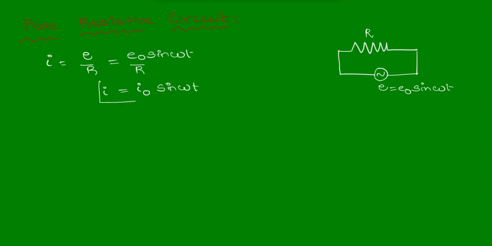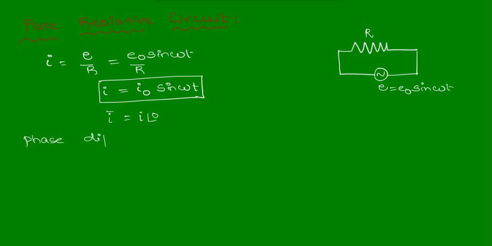This is the current through the resistor at any instant of time. And from this we can say that this current does not have any phase difference with respect to voltage, because both are sine functions. That means the phase difference between current and voltage in a pure resistive circuit is zero.